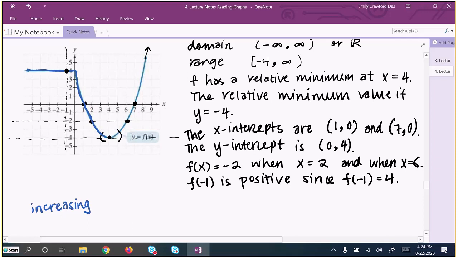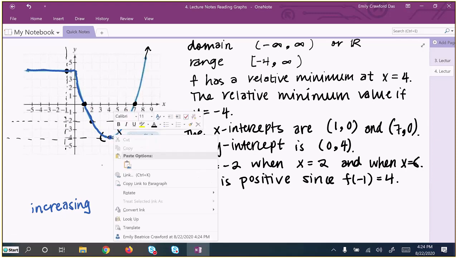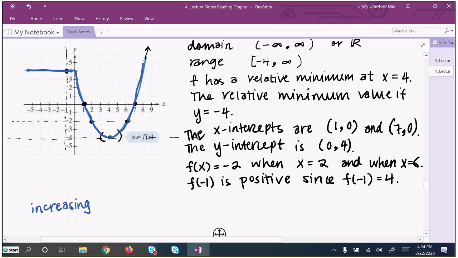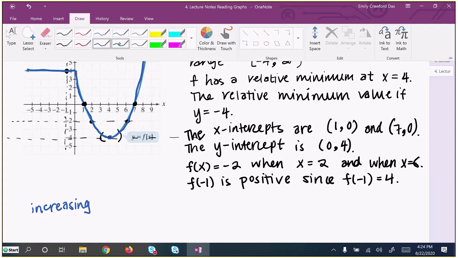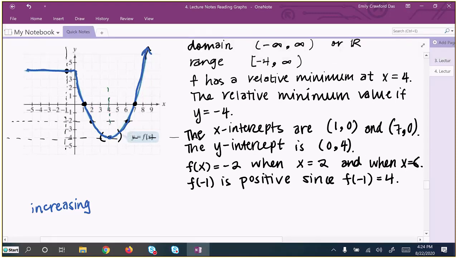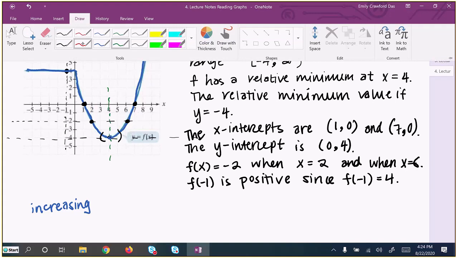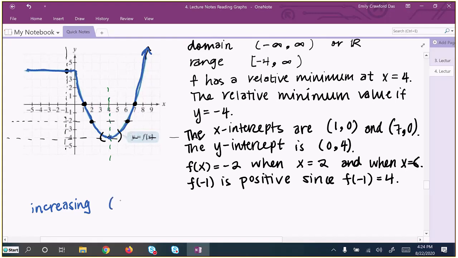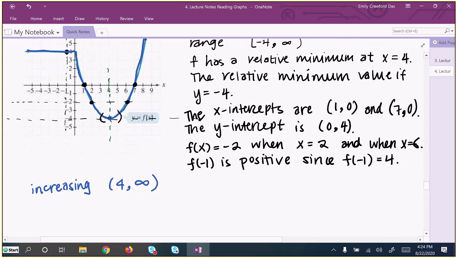It's when we get to the relative minimum that we find the function values to the right are getting bigger. So they're increasing, and that starts happening when x is equal to 4. So we say from 4, and this graph goes all the way to infinity on the right, so from 4 to infinity. Remember, when we're talking about increasing or decreasing or constant, it's always an open interval.